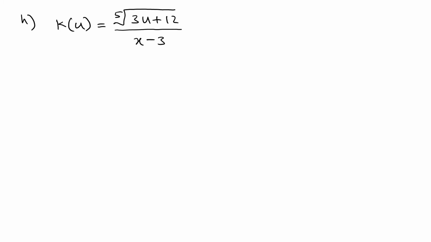You can see this problem is very similar to the previous problem. The only difference is now we are taking an odd root. But we know that if you take an odd root, the domain is all real numbers. That means there are no restrictions from the numerator.